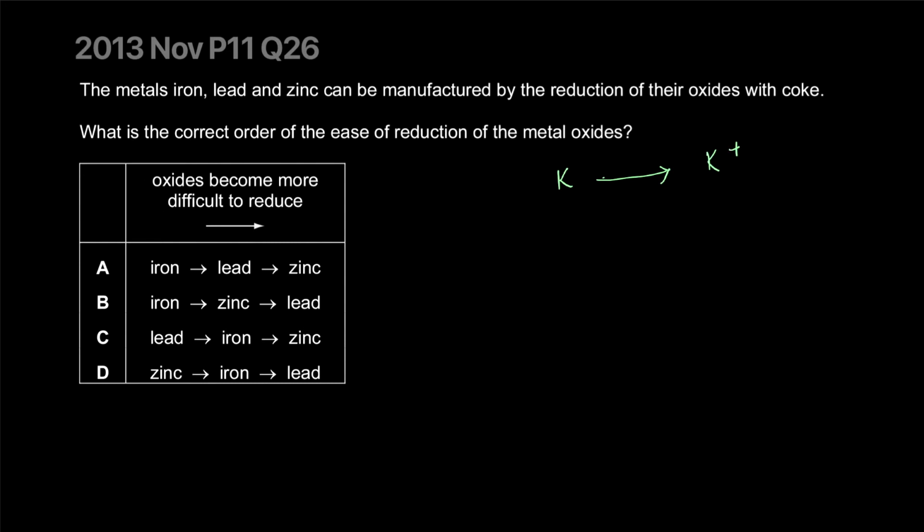Now the most reactive is potassium, and if it wants to turn into that, it becomes very stable. So the most reactive thing, when it reacts, turns into the most stable thing, and that's why it's most reactive, because stability is the opposite of something being very reactive. The more reactive something is, the more it really wants to stay there, right?